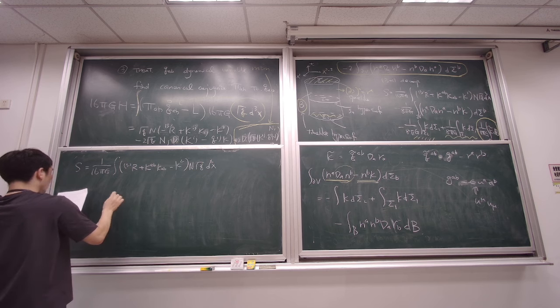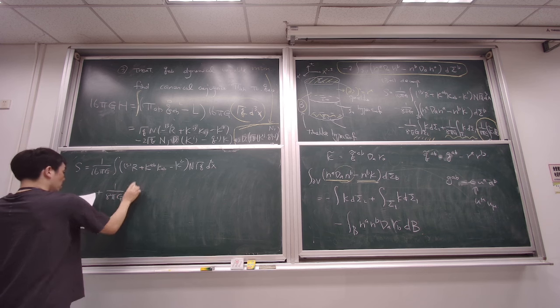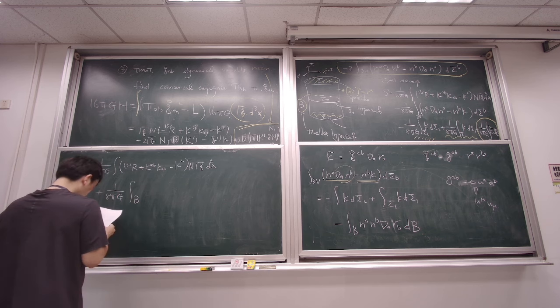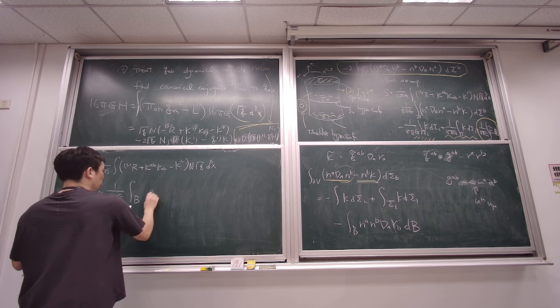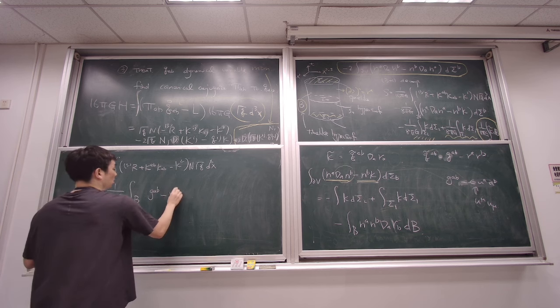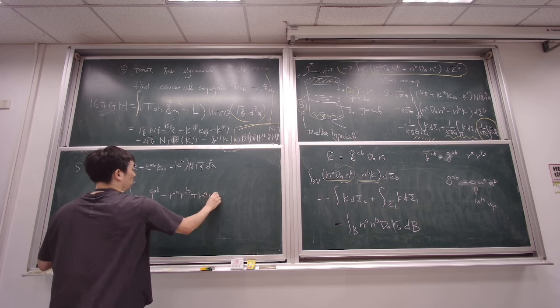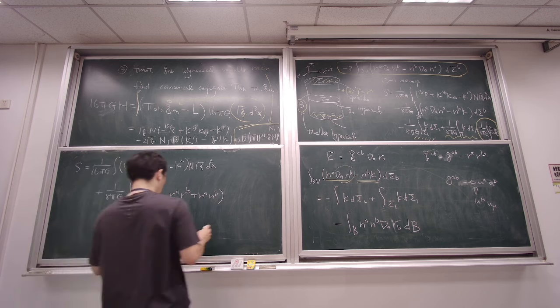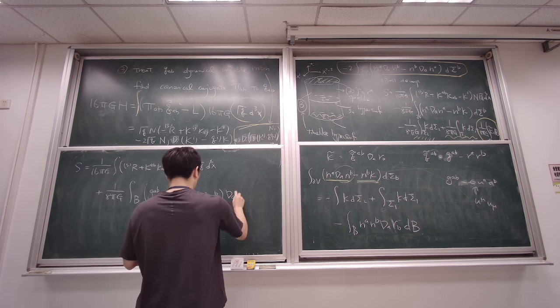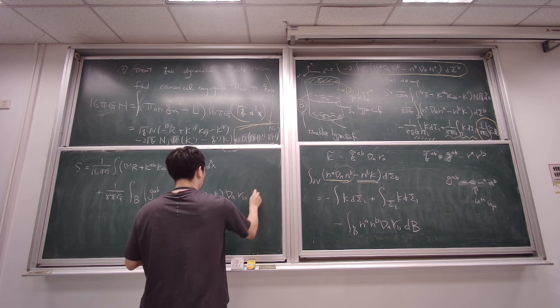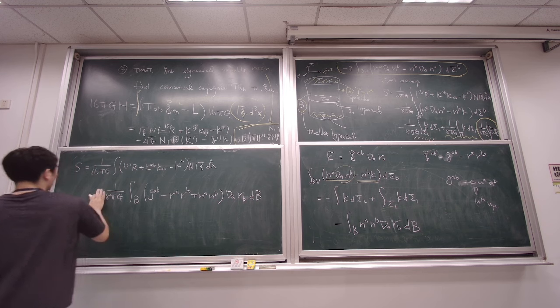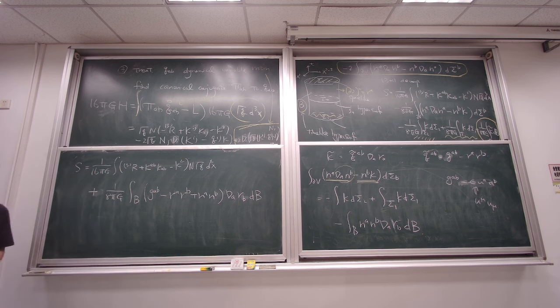And then here we have a boundary term, 1/8 pi G, and B del B, like this way.